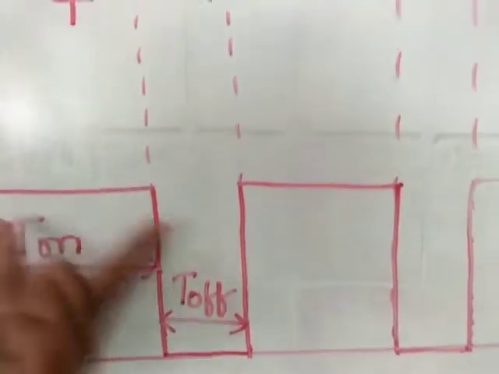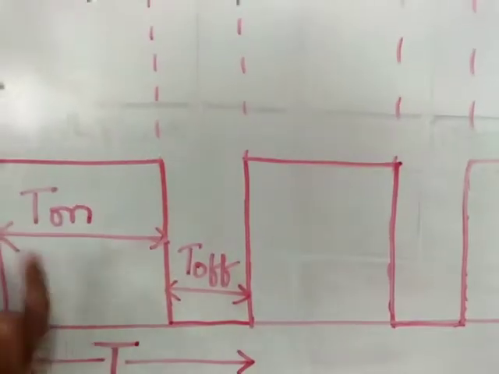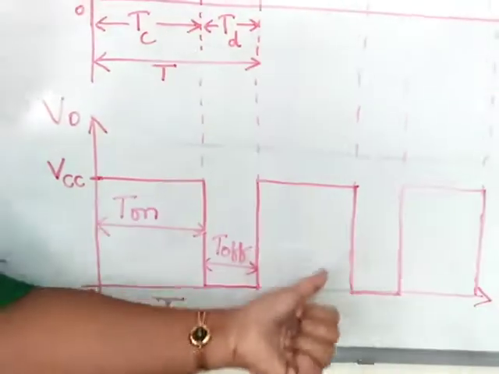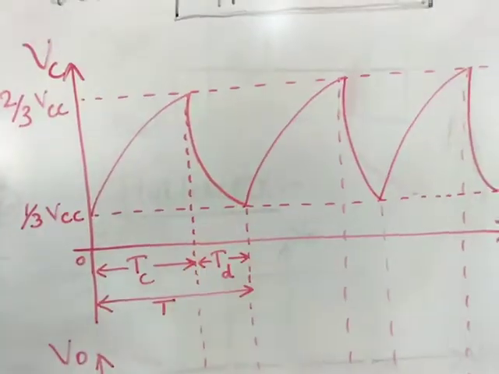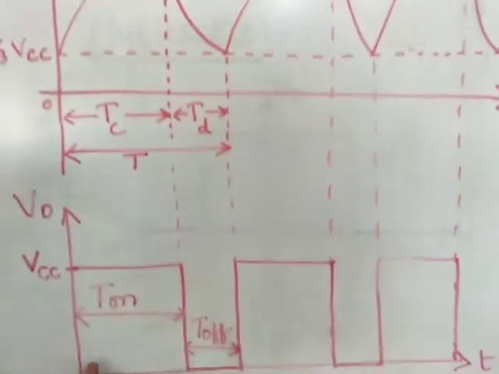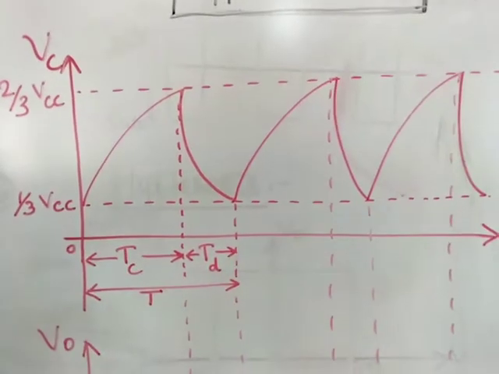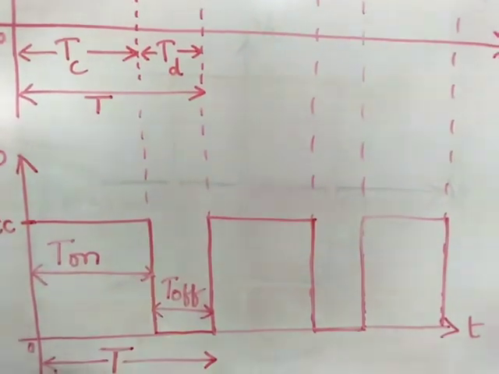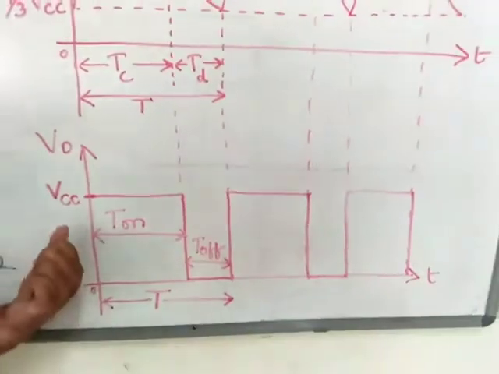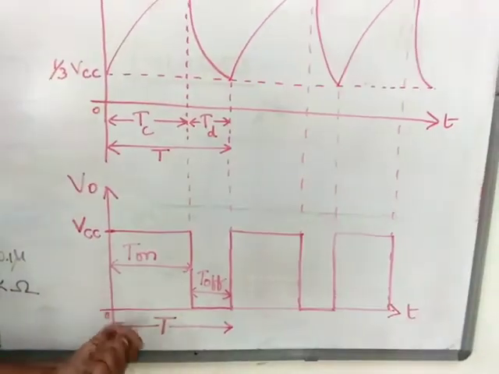That means it has no stable states. It goes on producing a train of pulses depending on the charging and discharging of the capacitance, so it is called astable multivibrator. In case of monostable, it has one stable state, which we can see later.